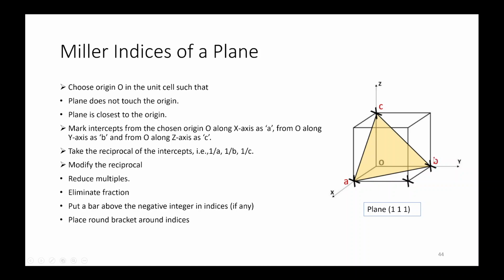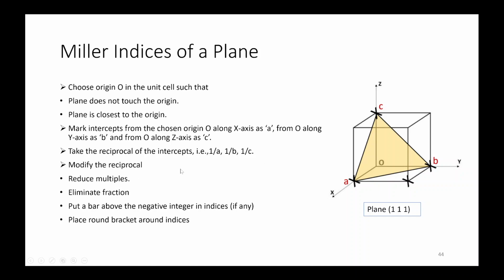So it can have, for example, 1 unit, 2 units, like that. Then we take reciprocals of that. For example, if it is cutting at 1 on all those axes, then we'll have 1/1, 1/1, 1/1 as the reciprocals. Then you have to reduce the multiples. For example, if it is 2, 2, 2, then we divide all of those by 2, and it will be 1, 1, 1.